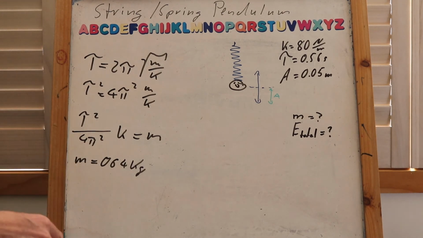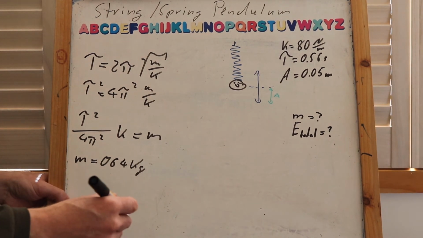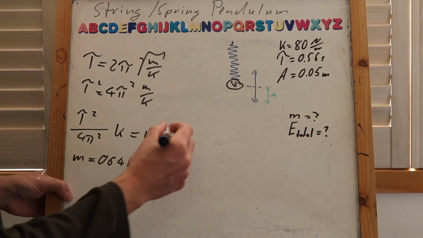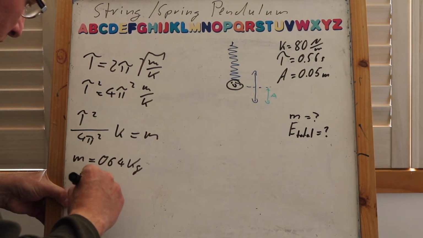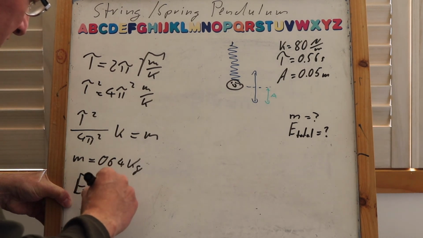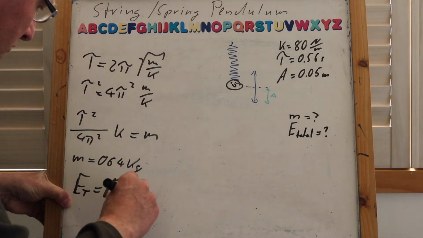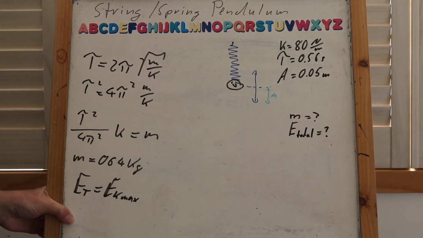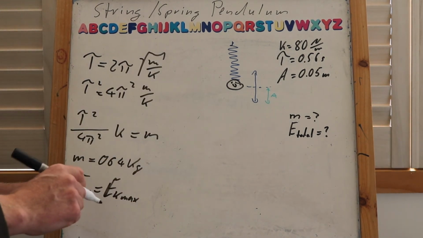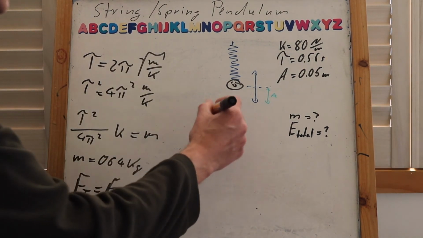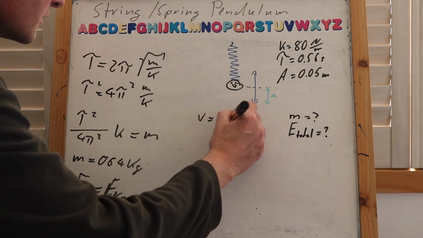So, how do we work out the energy of the system? As I told you, the total energy, E total, equals E K max, the maximum kinetic energy. I can work out the velocity of my object. V equals A omega.